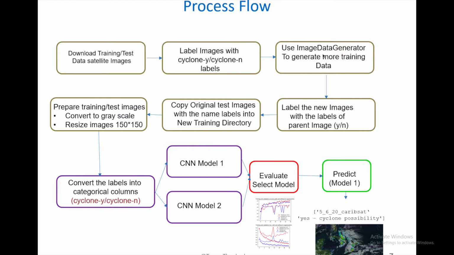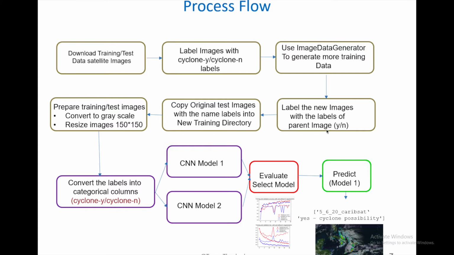I used the image data generator to build more data out of the existing training data, and by different scaling approaches, different zooming approaches, using three different iterations per image, generated multiple images, and moved them over to a new folder, and these images carried forward the labels of their parent images.